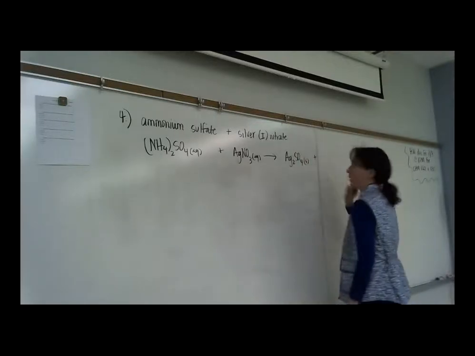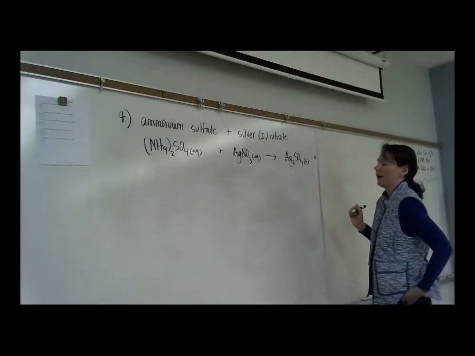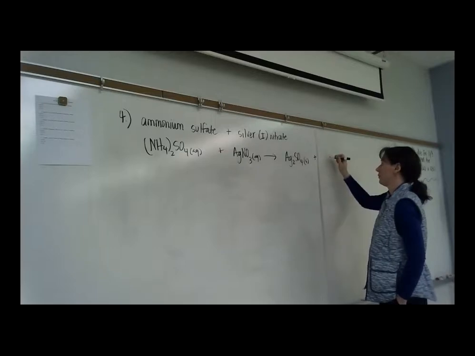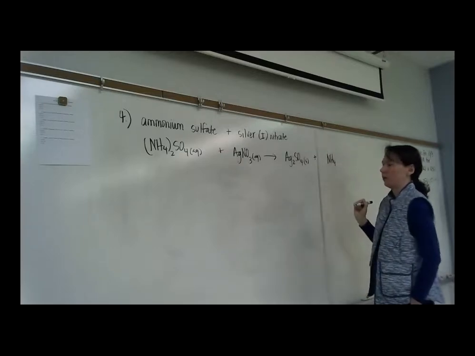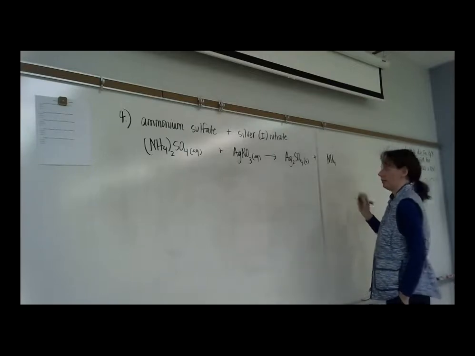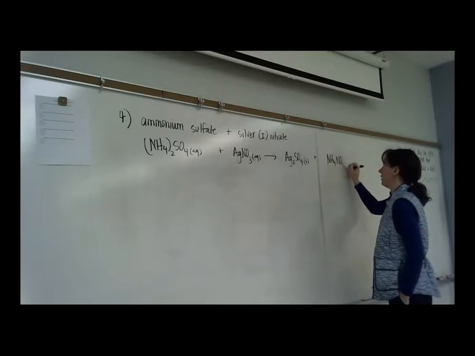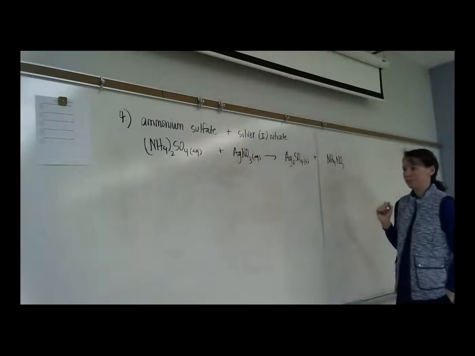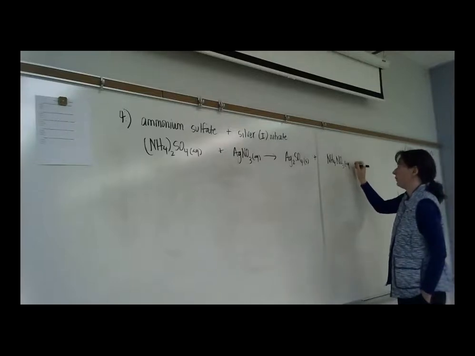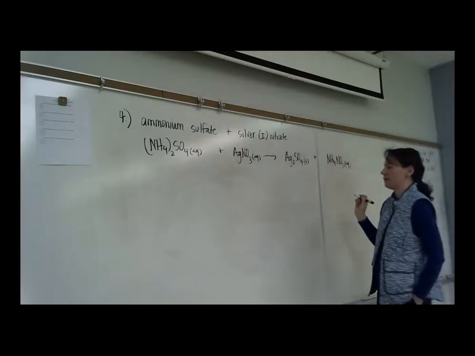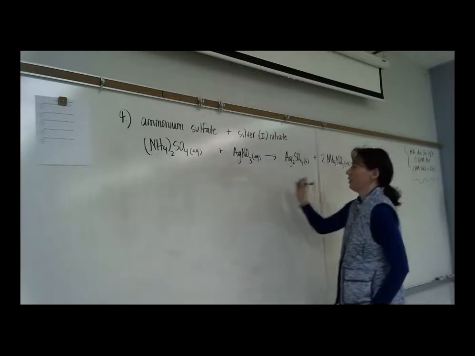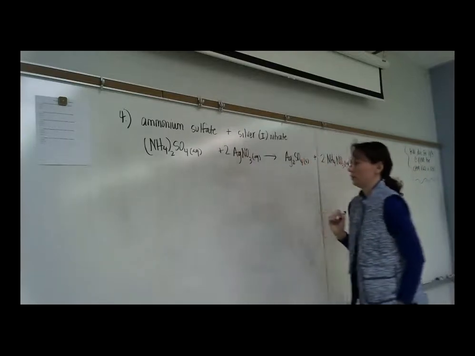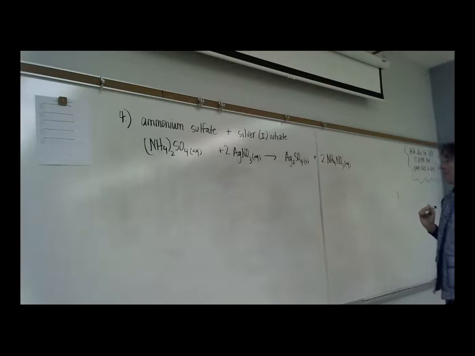And my other product will be what? NH4 ammonium nitrate, right? Is that soluble or insoluble? That one's soluble. That one's aq. Okay, now I just need to balance. I need a 2 and a 2. All right, so that's the molecular.